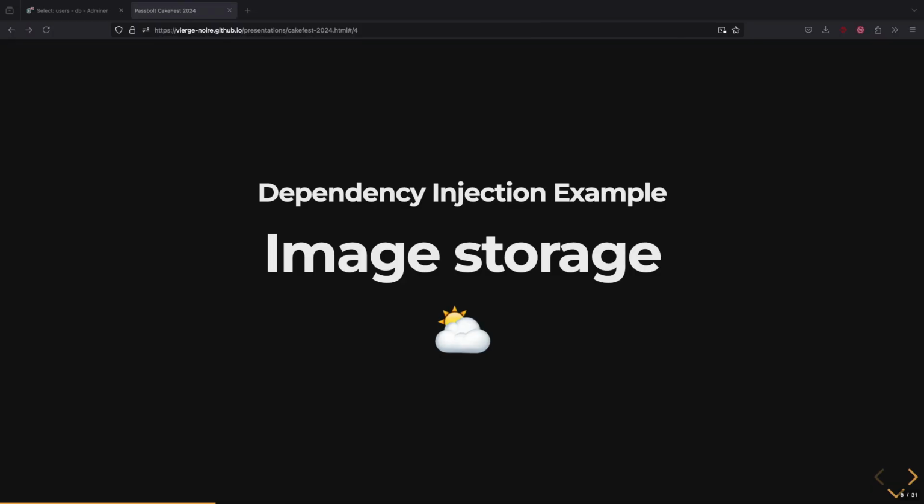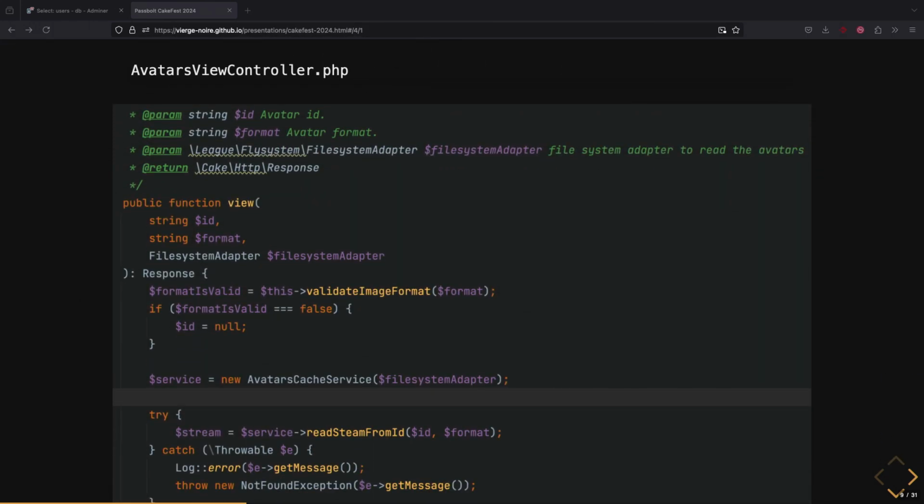So I'll take just a quick example. On the community or business solution, since you host your data, the avatars will be stored in the DB, but they are cached in a temporary folder. On the cloud, we use the Google Cloud thing. So here is how the code looks. I know it's a bit busy, but this is the avatars view controller.